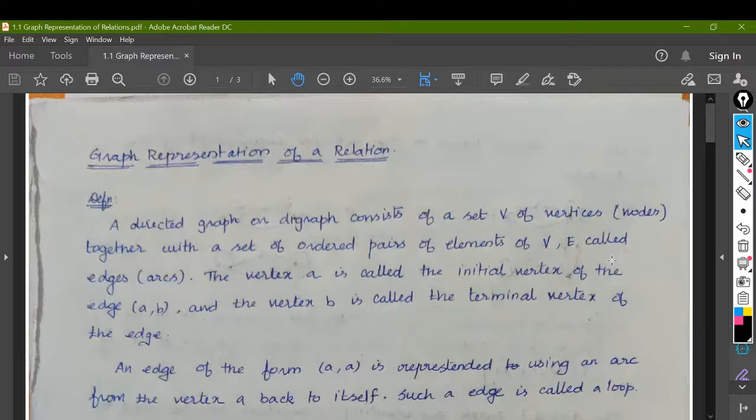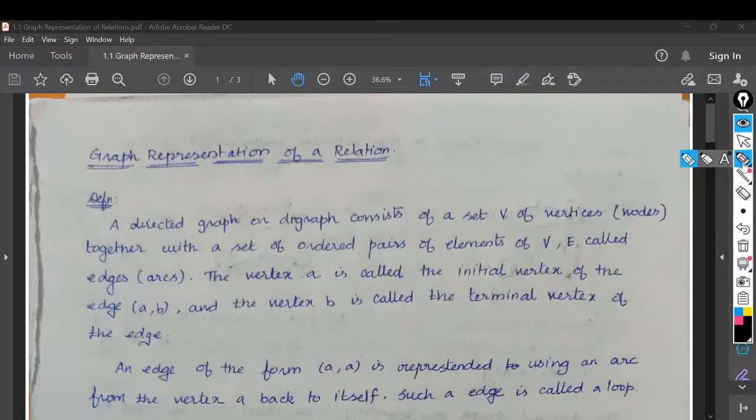Before getting into the graphical representation of a relation, we have to know two definitions which are quite important for this context. You are familiar with graph theory, what is a graph, what are vertices and what are lines, right? So keeping that in mind, we shall learn this. A graph is a diagram where you have a set of vertices and some lines that connect the vertices.